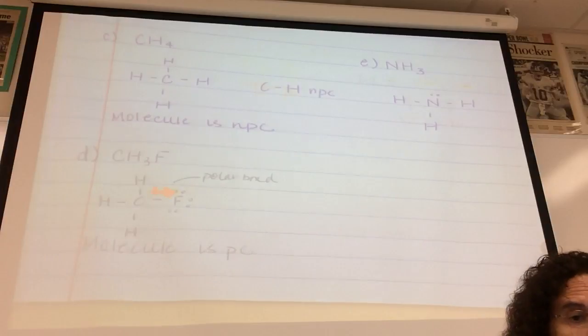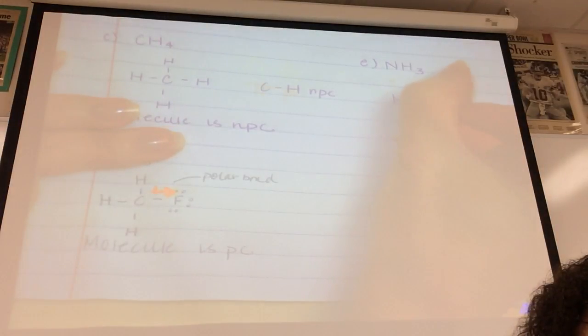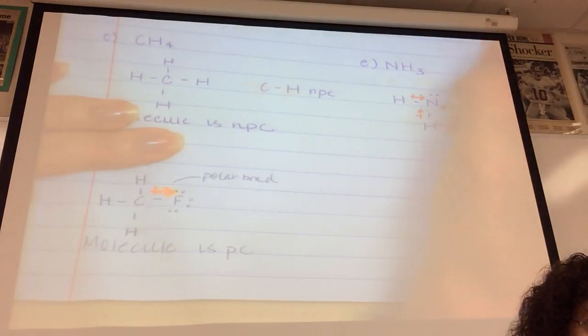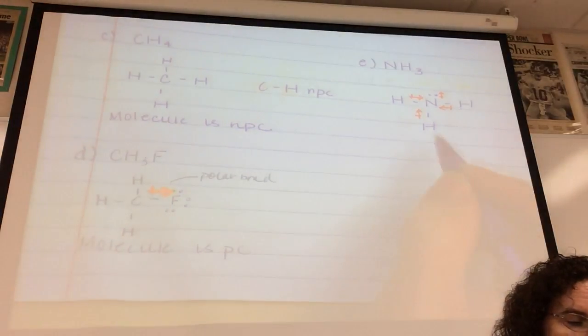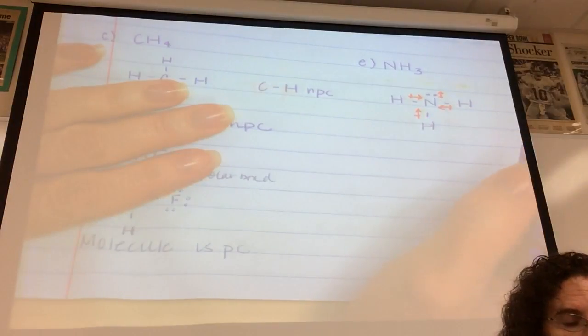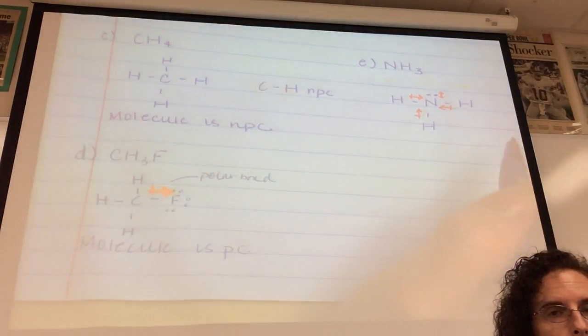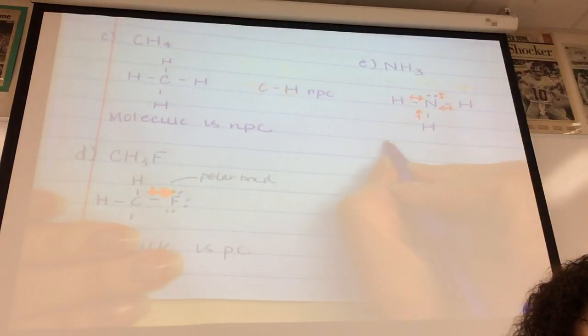And this is where the packet I thought was outrageously good. It explained a lot of things that sometimes are murky. The lone pair as well has a slight dipole, so there's no cancellation of dipoles here. If you ever have a structure in which there is one lone pair on the central atom, the molecule is polar covalent.